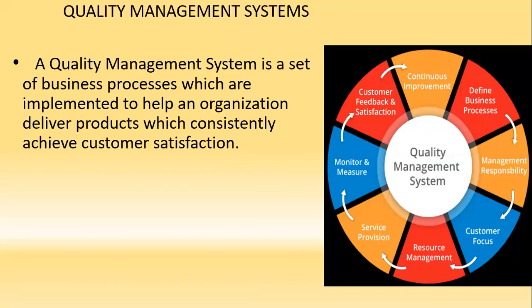QMS is a set of business processes which are implemented to help an organization deliver products which consistently achieve customer satisfaction. So the main aim is to have customer satisfaction. Once the customers are satisfied, obviously their business will progress and they can earn more profits.